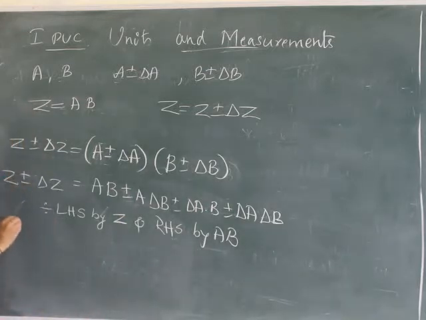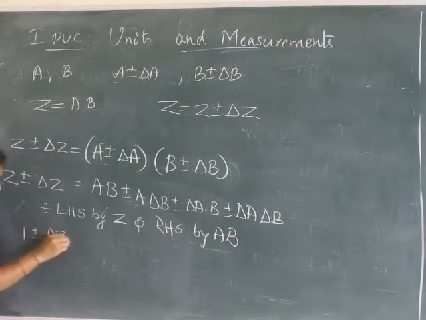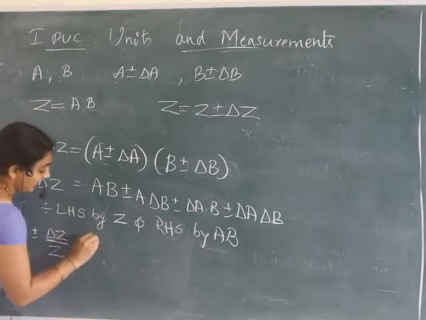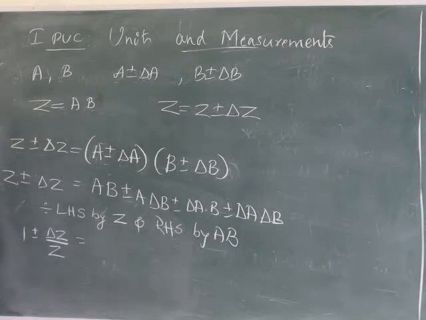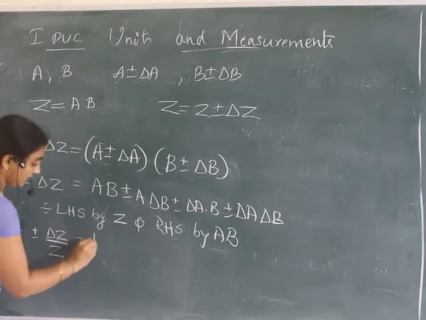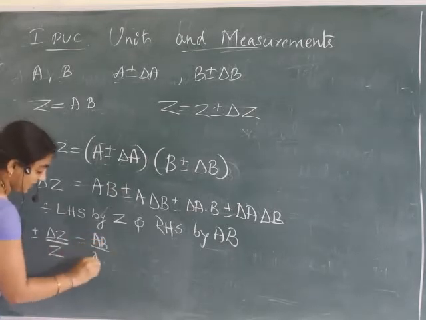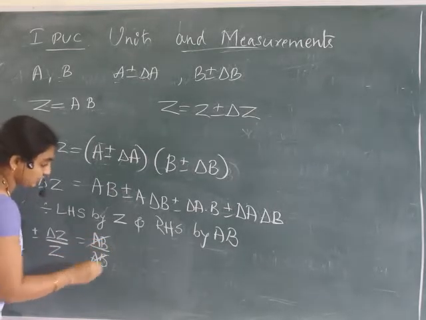Z by Z is 1 plus or minus delta Z by Z equals AB by AB is... You want me to write all the steps? Okay, we'll write. Z by Z cancels. AB by AB cancels.